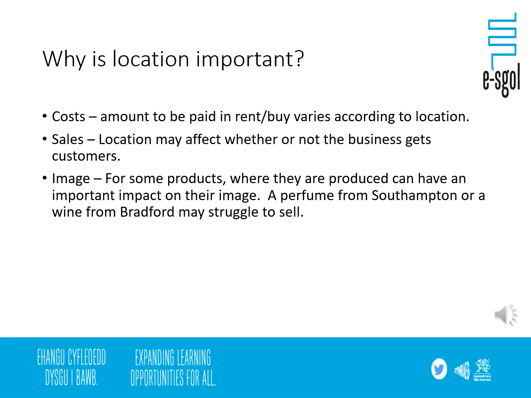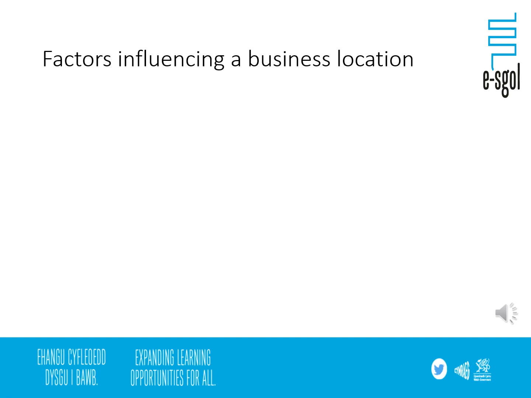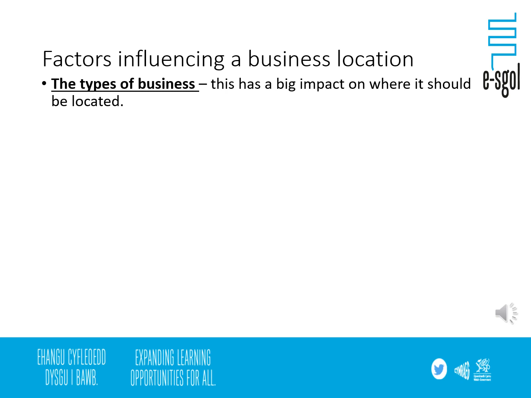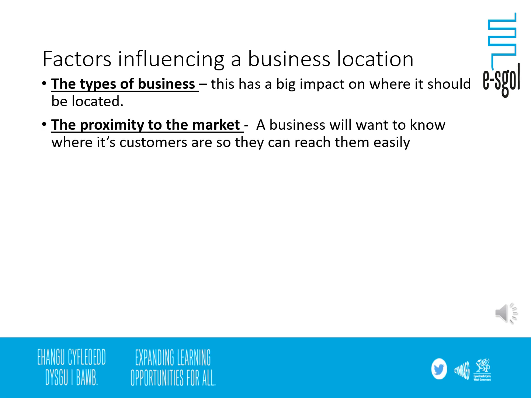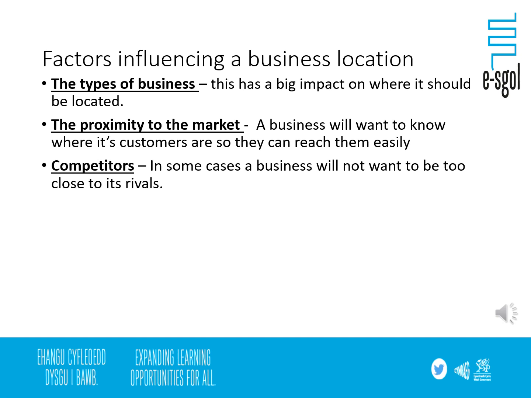Something to think about as well is location. Things that influence a business location are the type of business, which has an impact on where it should be located. The proximity to the market, so a business will want to know where its customers are so they can reach them easily. Where the competitors are, because in some cases businesses don't want to be too close to rivals.